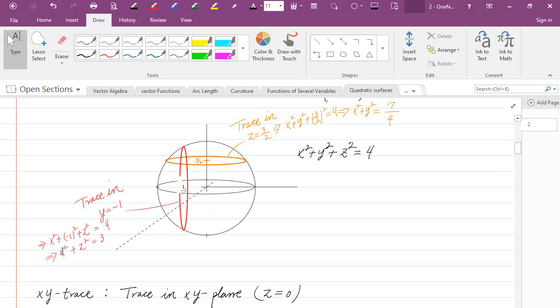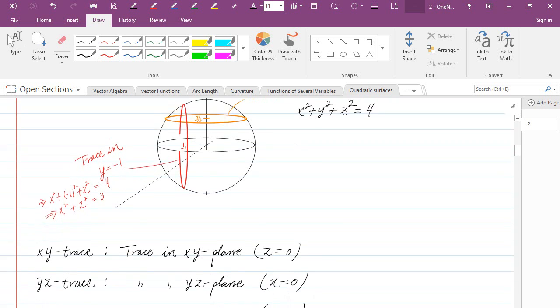If we do that, we get x squared plus z squared is equal to 3. So again, that's a circle of radius root of 3, where the center would be at the point where x is 0, y is -1, and z is 0.